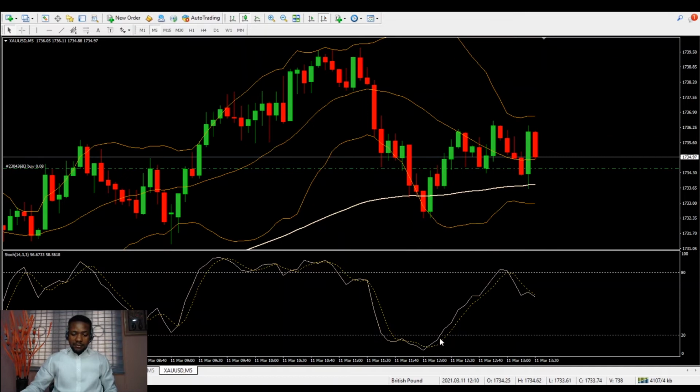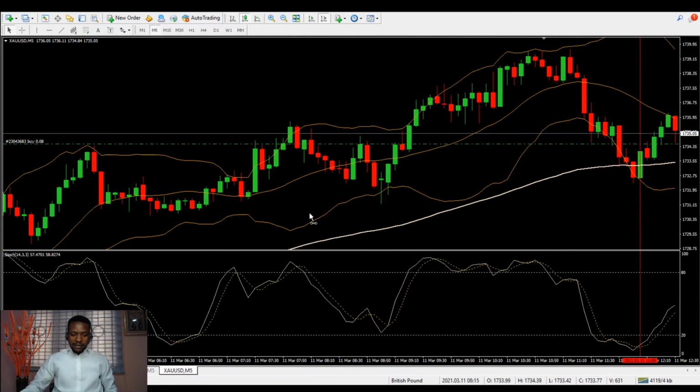The price is coming back inside the 20 line. So if you place a buy trade here, you'll be in profit now because the market will keep going up. Now let's go back in time to see what has happened.